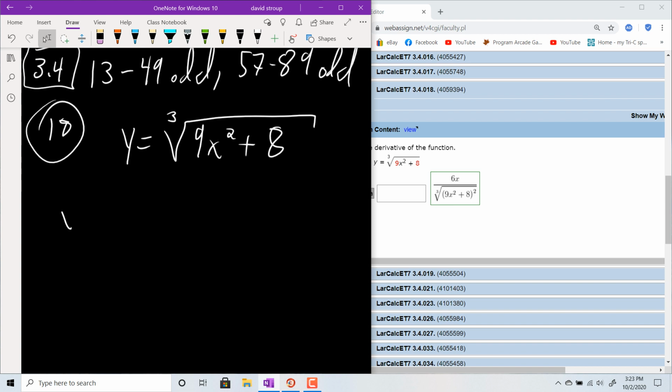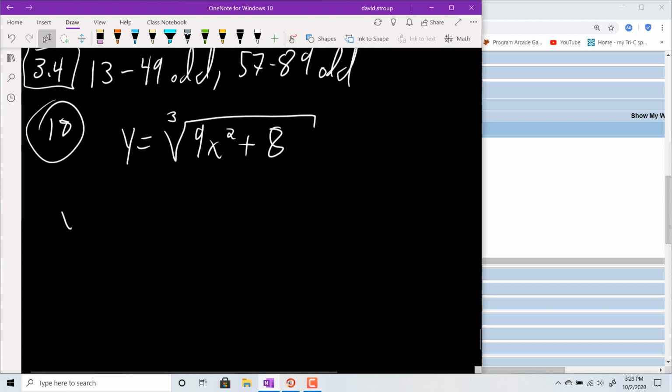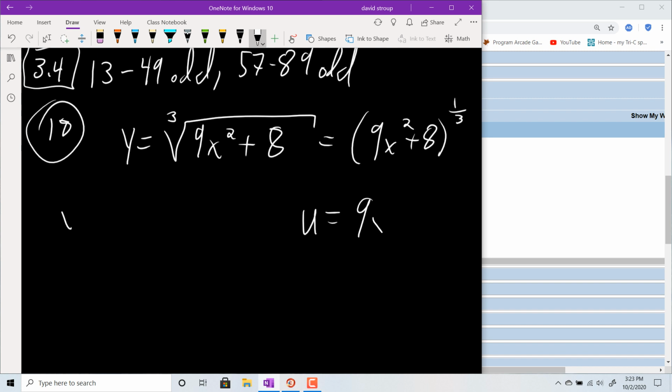Actually, the way I did it is inside out. So you start with the inner part, and usually that's just going to be the stuff if you rewrote this in parentheses. So 9x squared plus 8. And my physics teacher used to call that the guts. So the inner part, u, is 9x squared plus 8. And then the outer part, y, is just going to be u to the 1/3.